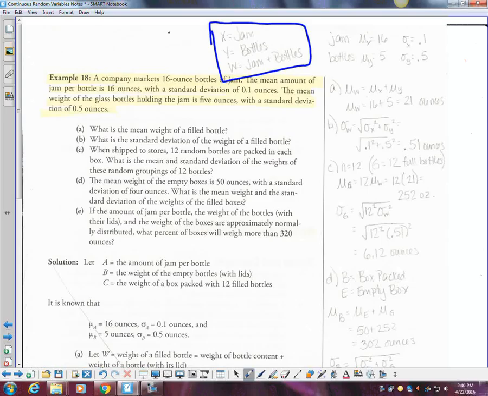Then I know that mu sub x, the mean of the jam weight, is 16 ounces, with a standard deviation, that's a sigma sub x, of 0.1. And then I have my information for the bottles. So I'm just taking all of the words and turning it into stats. Getting it out of English.